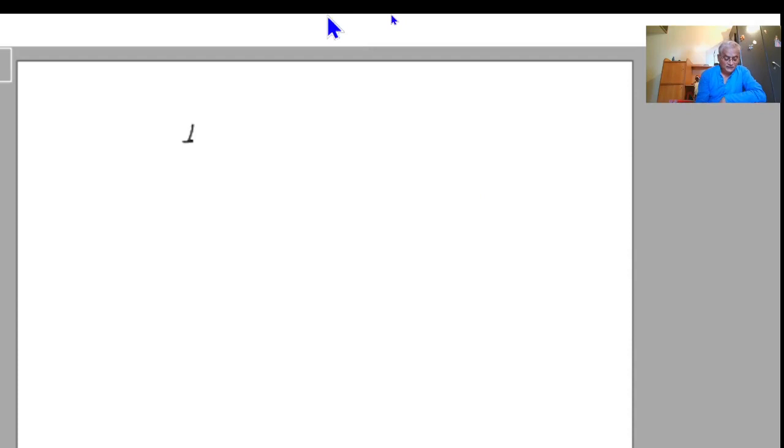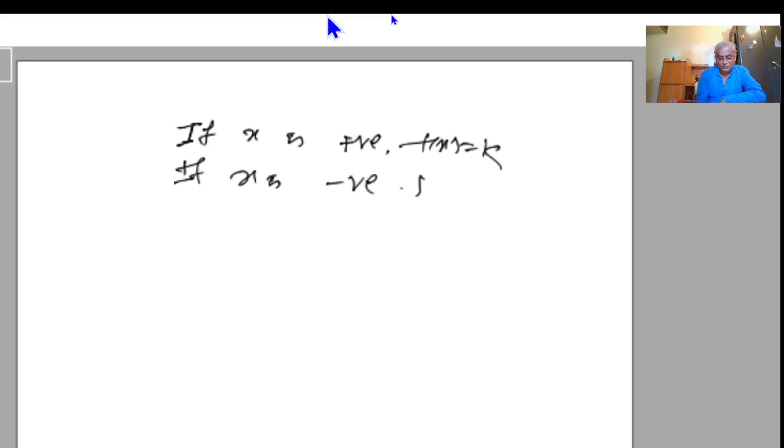So if x is positive, then f of x equal to k. If x is negative, f of x is equal to minus k. What this implies is f of x is an odd function.